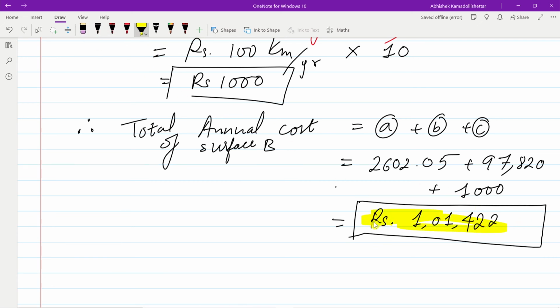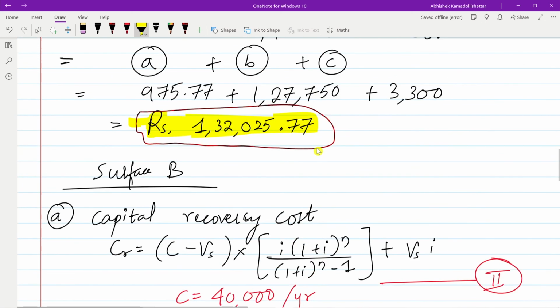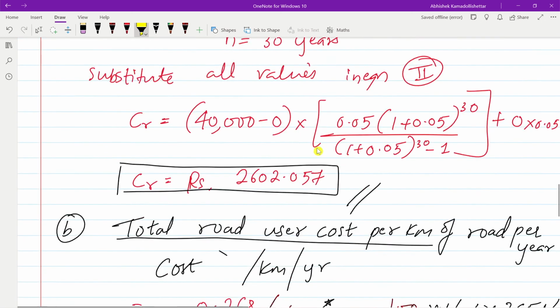Let's give a conclusion. Let's check how much we got. Here we got 1,32,025.